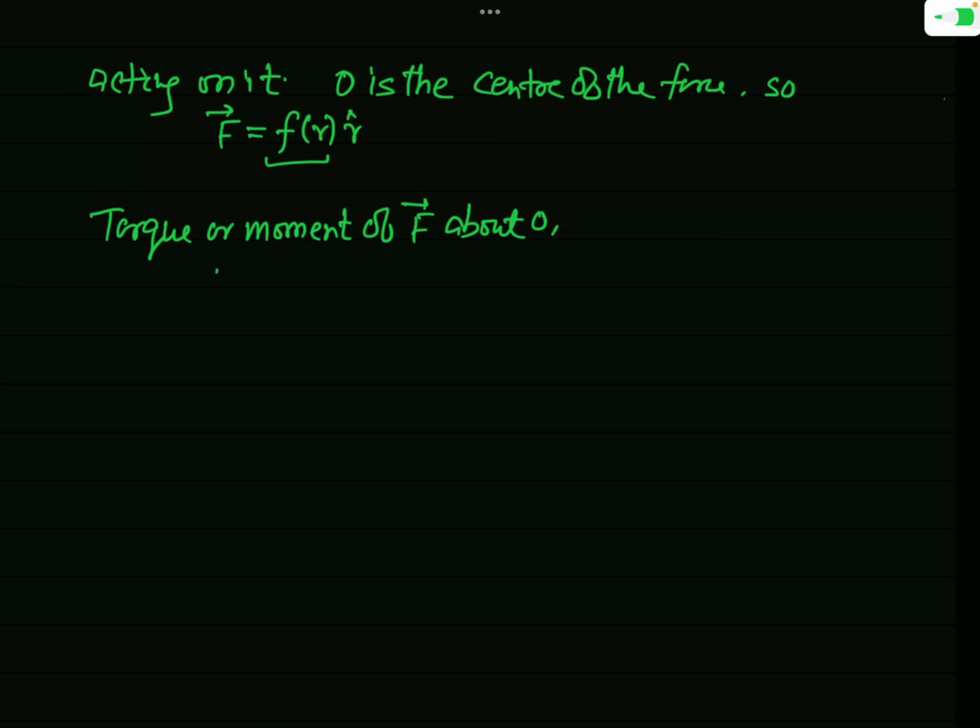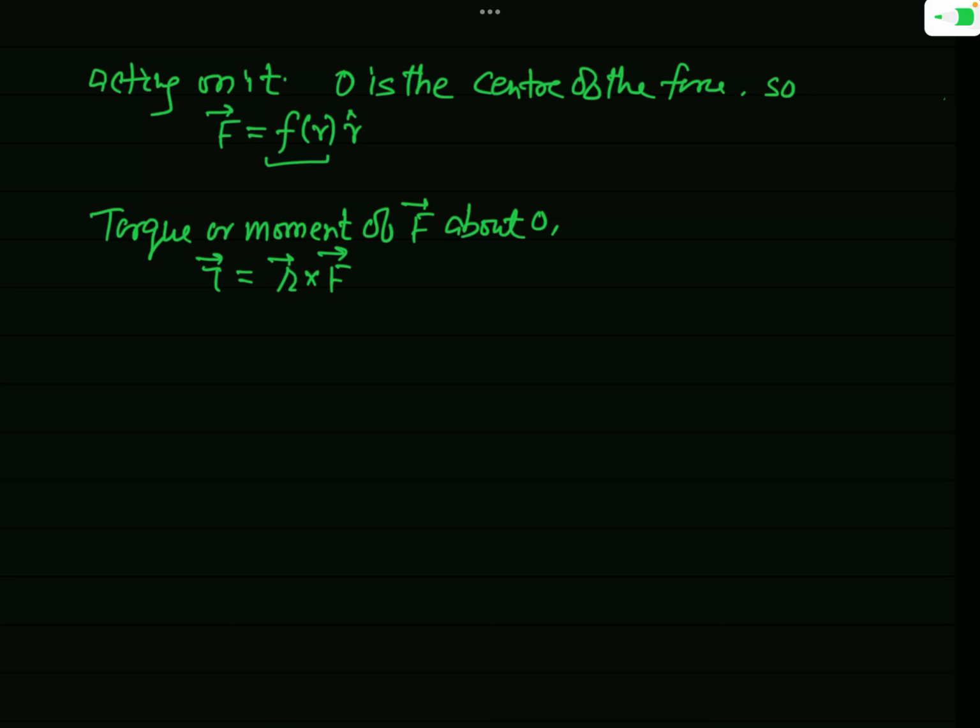How is this torque defined? This torque is defined as tau equal to r cross F. This is just the basic definition of torque. You have definitely studied this definition of torque in rotational mechanics in lower classes.